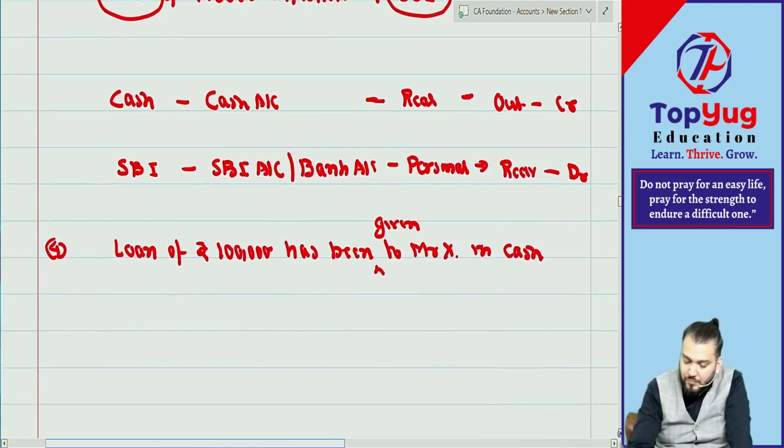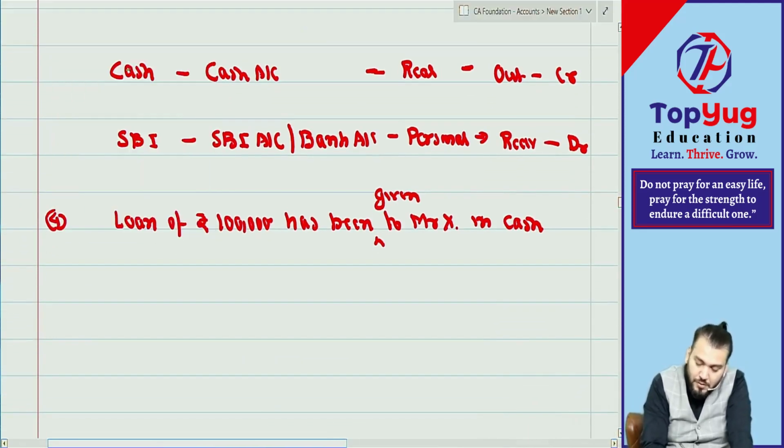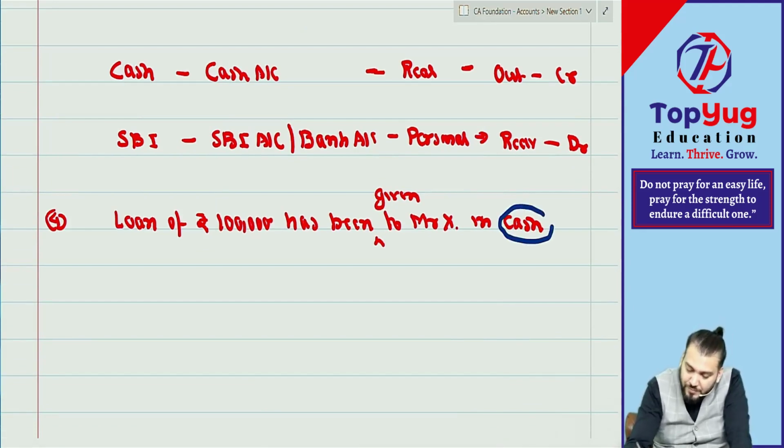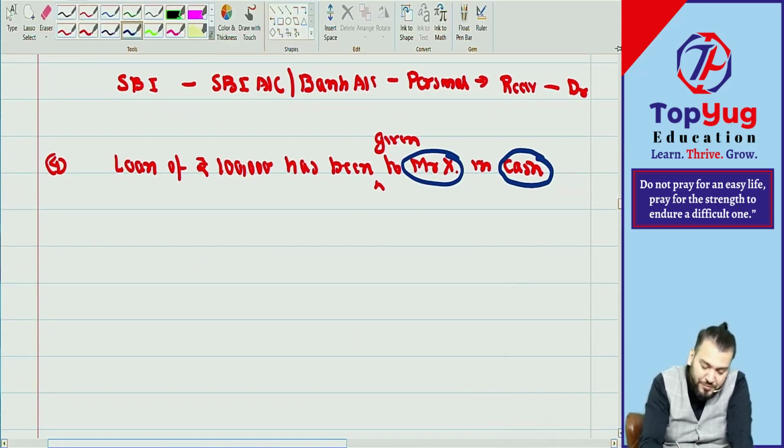Correct? What are the two aspects? Cash is one aspect. Second is what? Loan. But the loan has been given to whom? Mr. X, na? Correct? What are the two aspects?